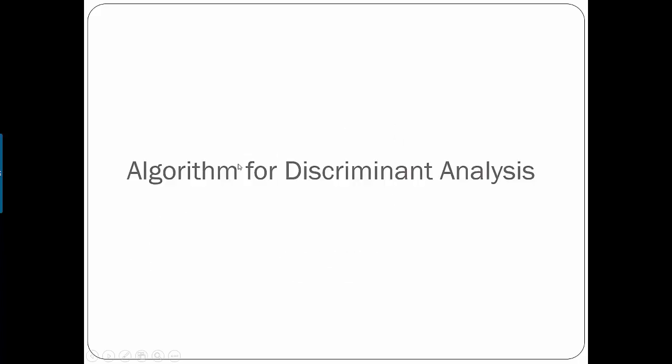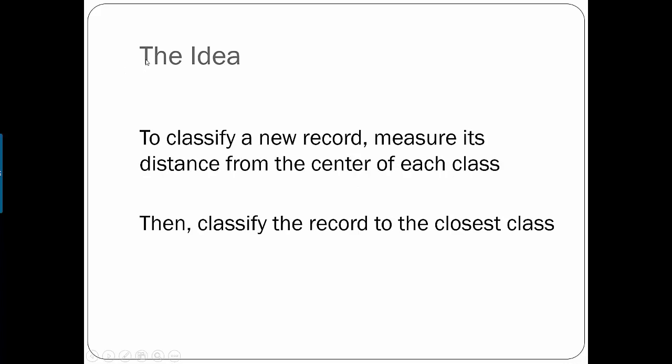Now let's look at the algorithm for discriminant analysis. The idea is to classify a new record by measuring its distance from the center of each class. So you have a class of owners and a class of non-owners in the case of riding mowers. But in the case of universal bank, you have a class of those who accept the loan offer and those who do not accept the loan offer.